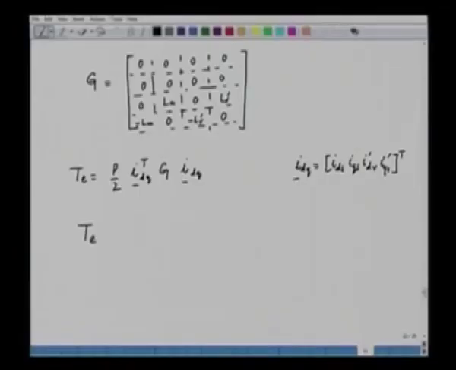Now when you find out the expression for the torque, we can evaluate the speed also. The speed can be evaluated from the electromechanical equation. Te is equal to J by P by 2 into d omega r by dt plus B by P by 2 into omega r plus TL. So we can simulate an induction machine in the dq reference frame.